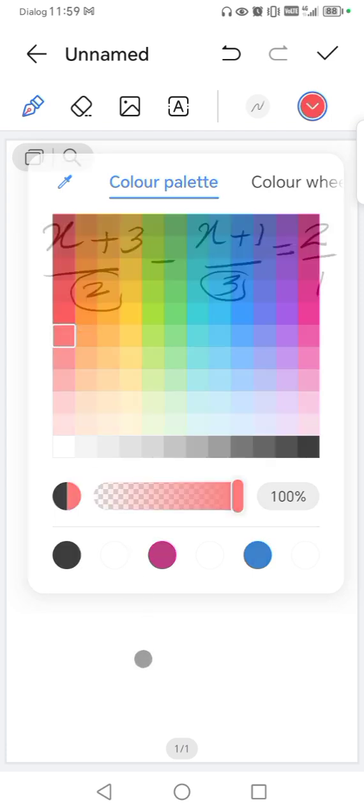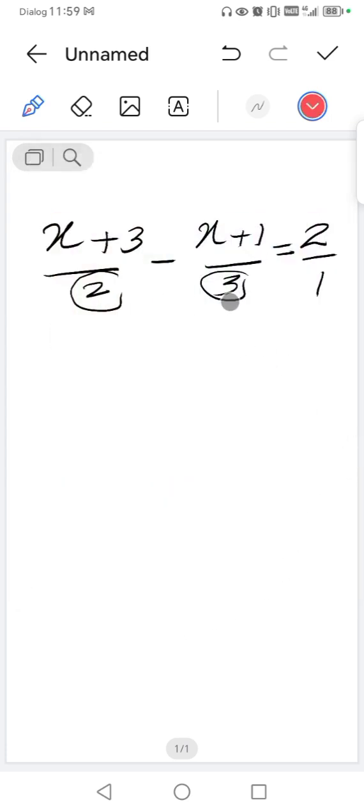Here it's 2 and here it's 3, so we can easily move via the LCM way. We have to multiply by 3 here, in both parts, and then multiply by 2 here also.